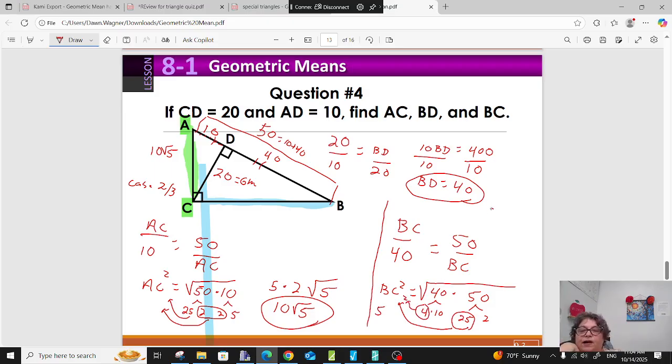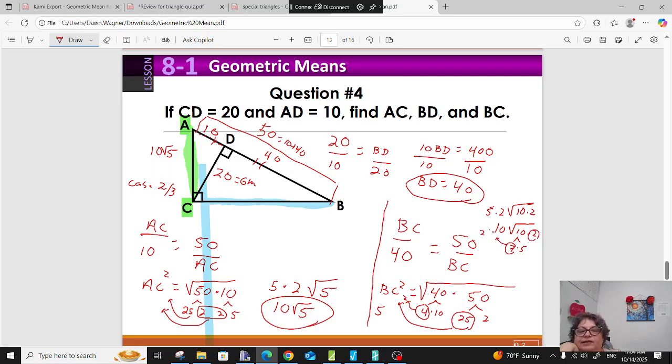So I have 5 times 2 with 10 times 2 underneath, right? What's 5 times 2? 10. The problem is 10 also has a 2 in it, doesn't it? That's 2 times 5. So these 2's can come out as another 2.